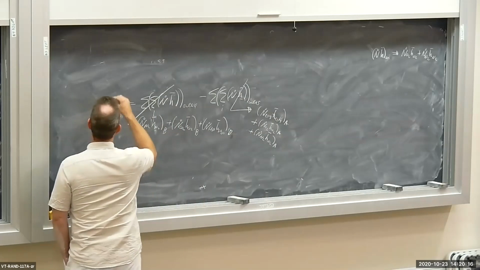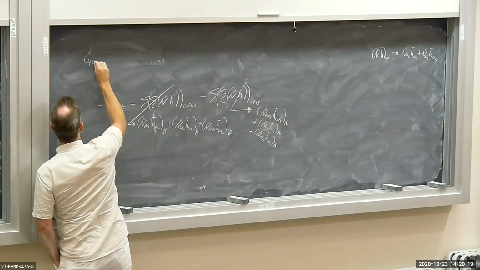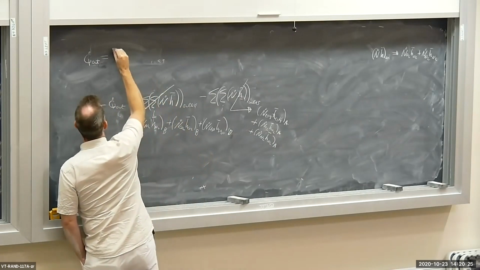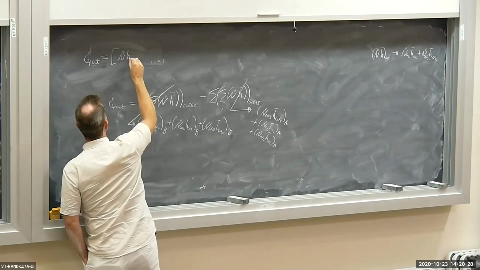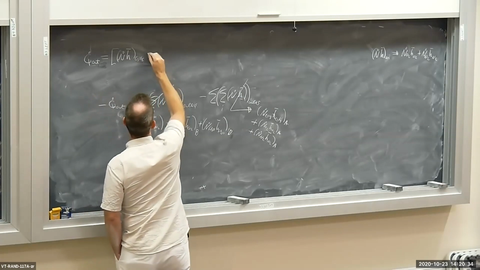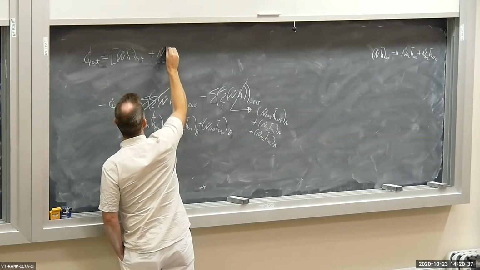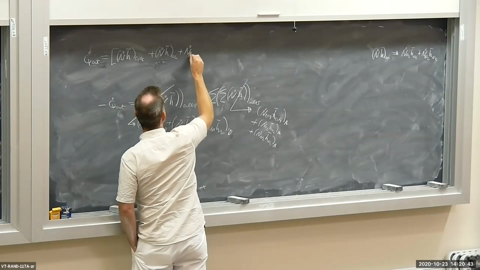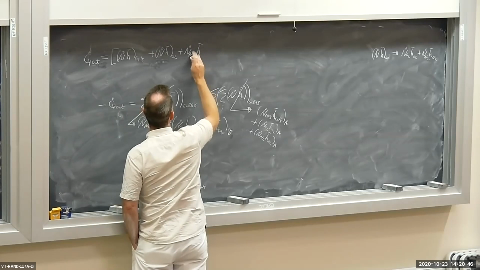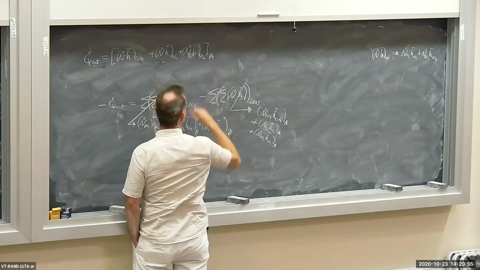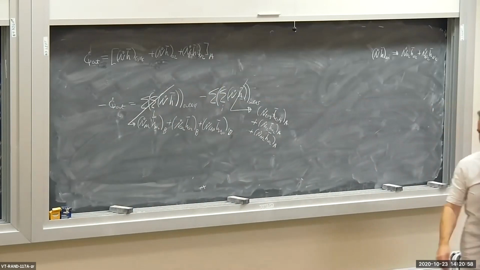I'm going to distribute the negative sign, and I'm going to end up with Q dot out equals N dot H bar of the C3H8 plus N dot H bar of the O2 plus N dot H bar of the N2, evaluated at the reactant side.